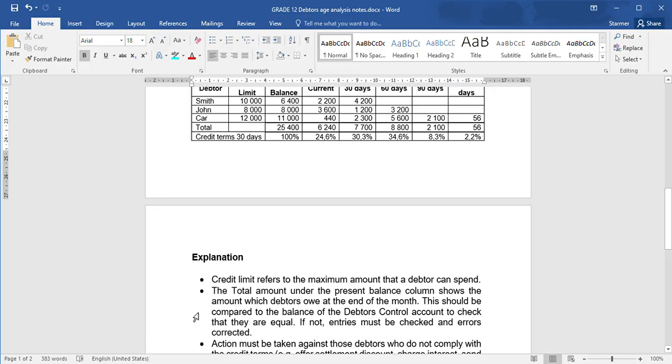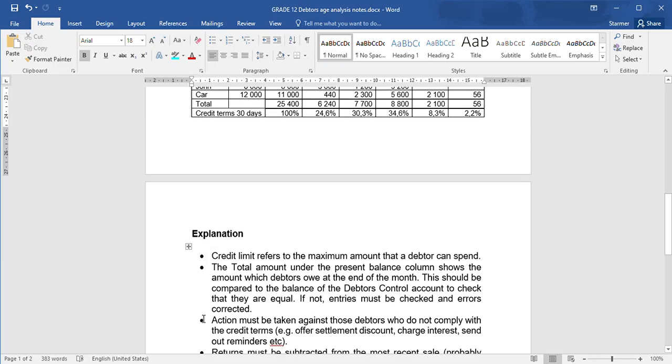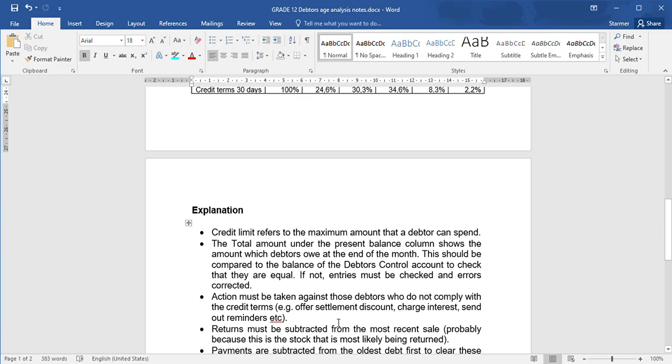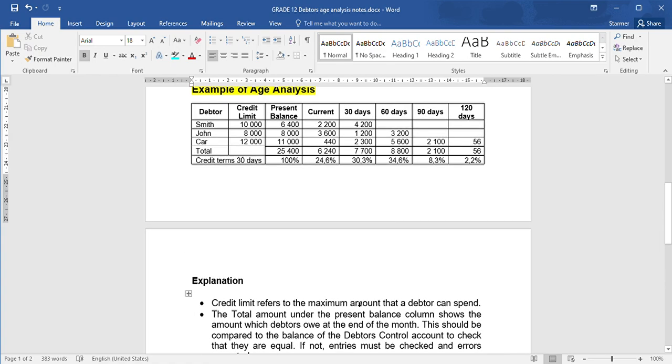If it's not, then you need to do corrections. Then any debtors that are not complying with credit terms, that's this person here, John, as well as Carr, you can take action against them. So you can say settlement discount if you pay back what you're supposed to pay back within the stipulated period. You can charge an interest, you can send reminders, and so on.